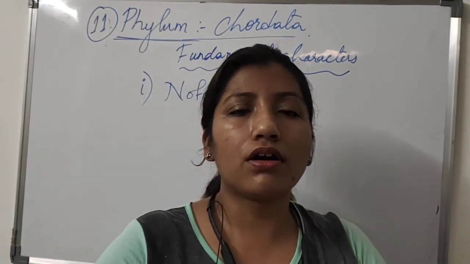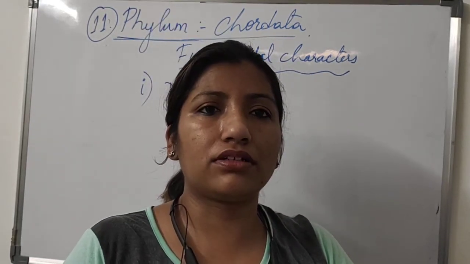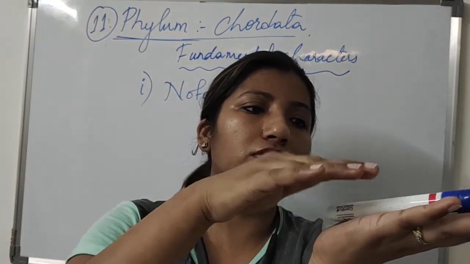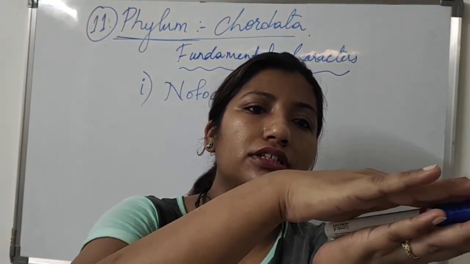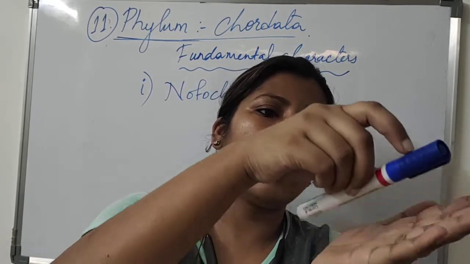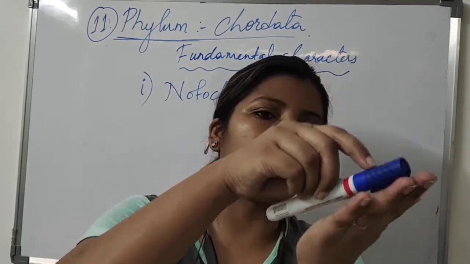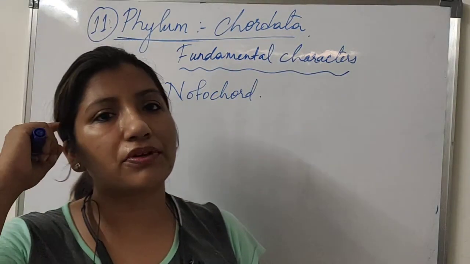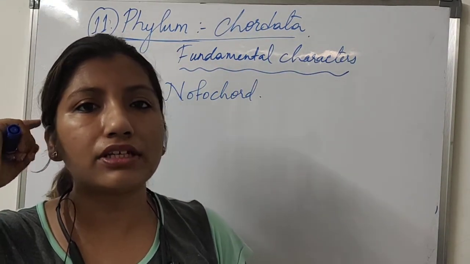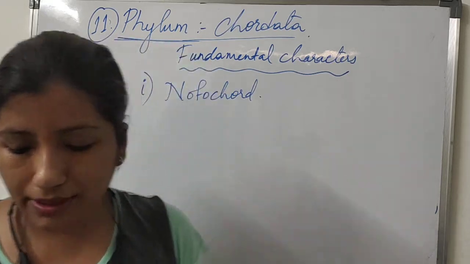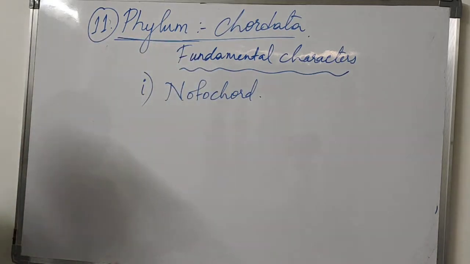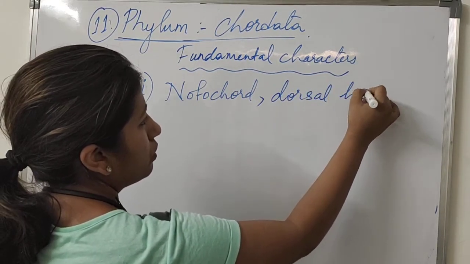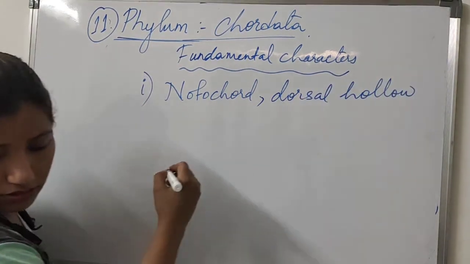If you have seen a caterpillar or worm moving on a leaf or the ground, the upper part is the back, the dorsal, and this part is the ventral. So a notochord is a rod-like structure which is present in the back side of the body.